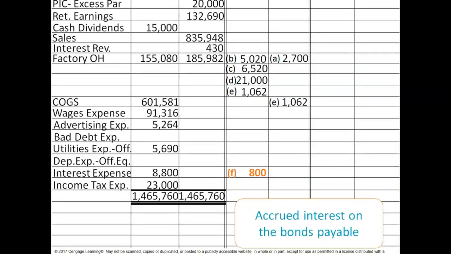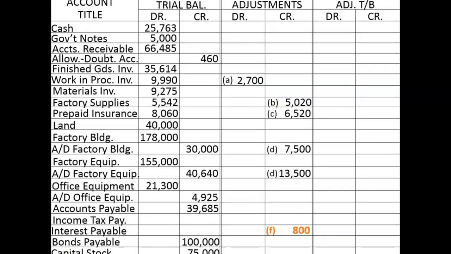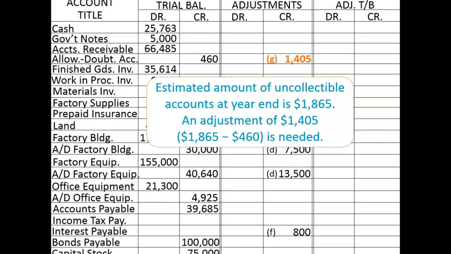We have some accrued interest on our bonds payable. And then we've got an estimated amount of uncollectible accounts at the year end of 1,865.